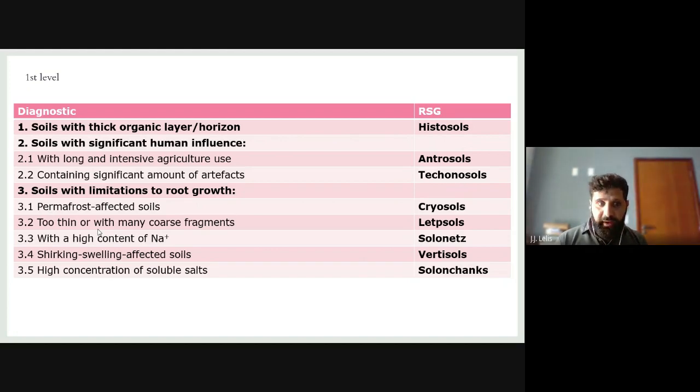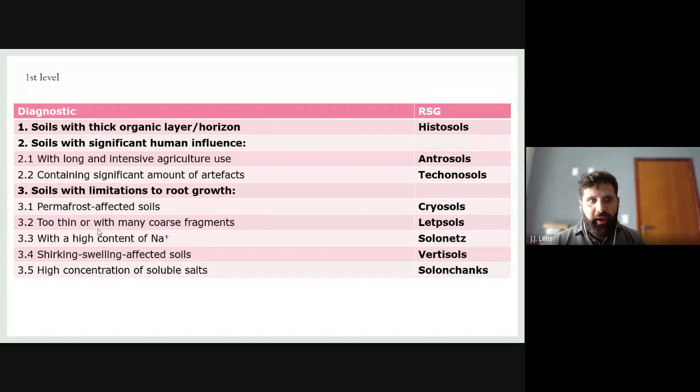So sites which possess a high content of sodium also have a limitation, and because of that, we call these soils solonetz. So the solonetz are those soils that have a specific huge problem with a high content of exchangeable sodium. Okay.